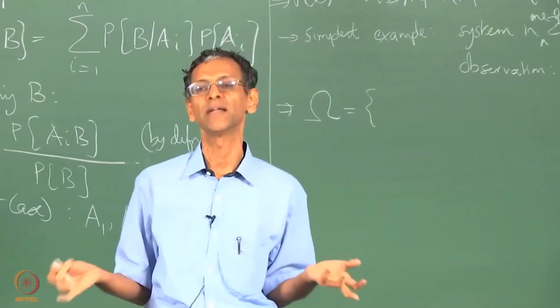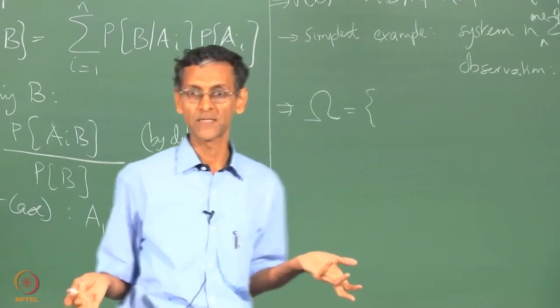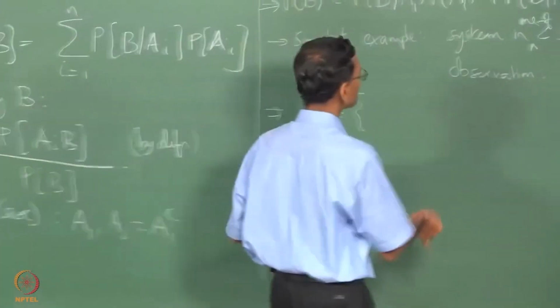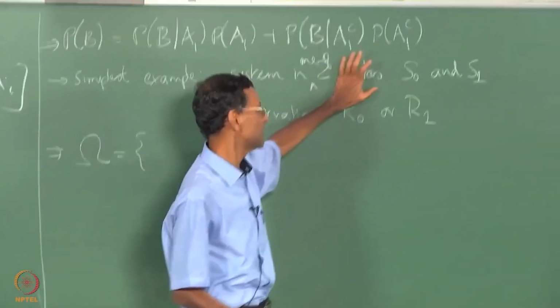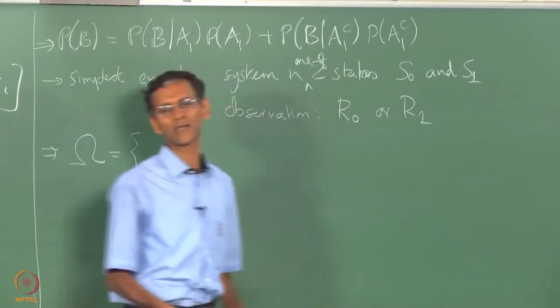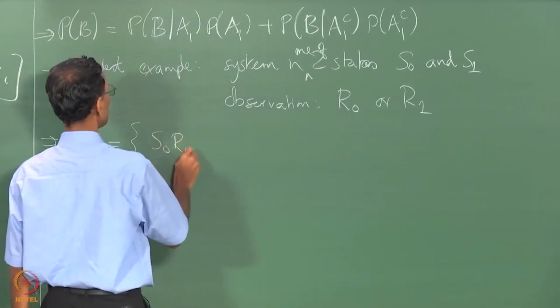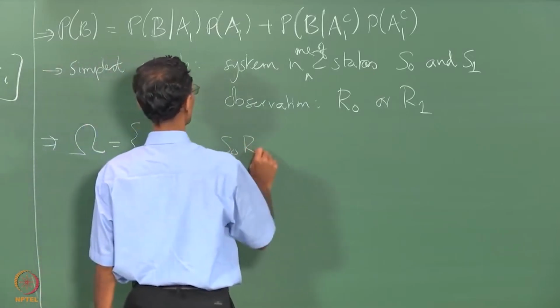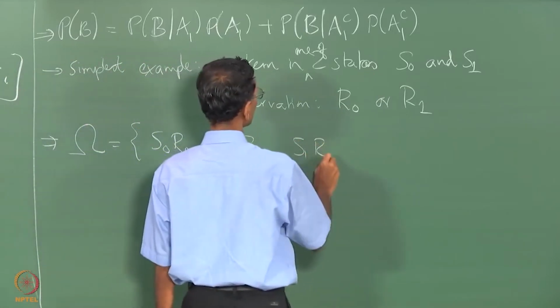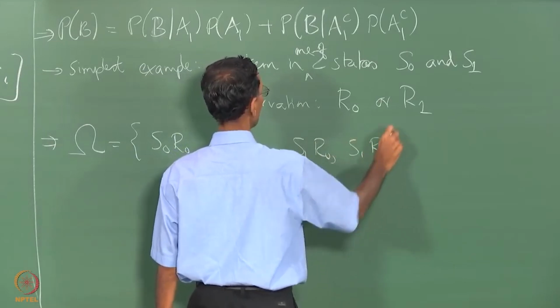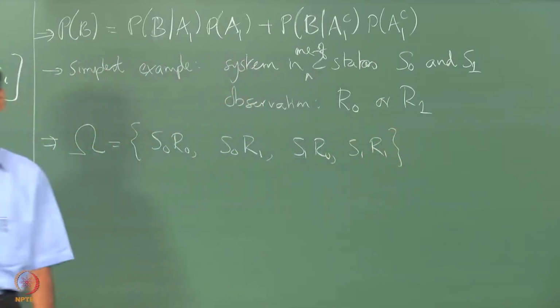So S0, S1 by itself does not make up the sample space. The sample space consists of one of these possible states and one of the observations. So obviously it is S0 R0, S0 R1, S1 R0 and S1 R1. So you have 4 possibilities for omega.